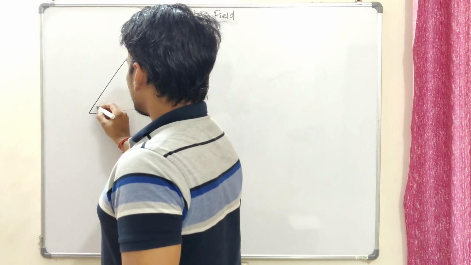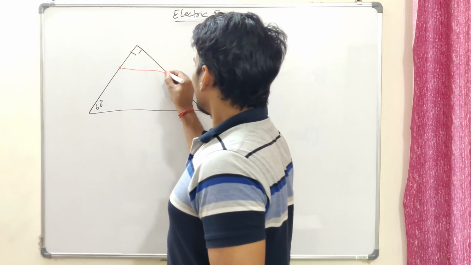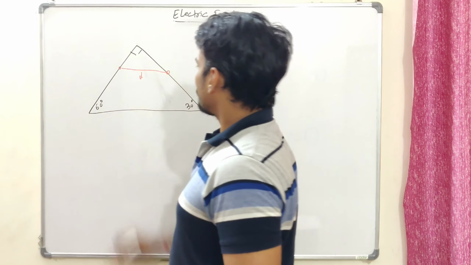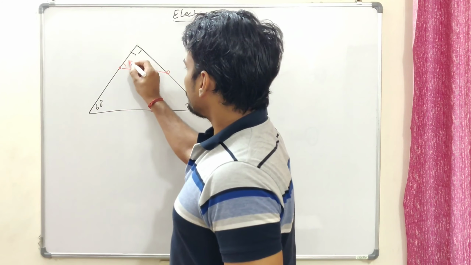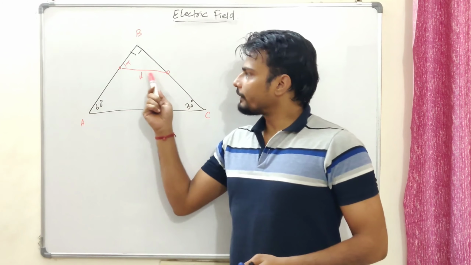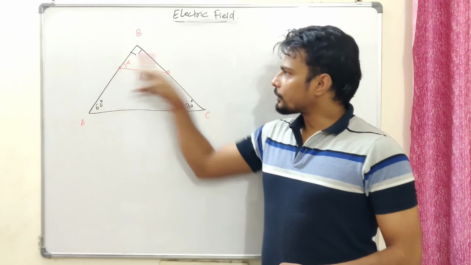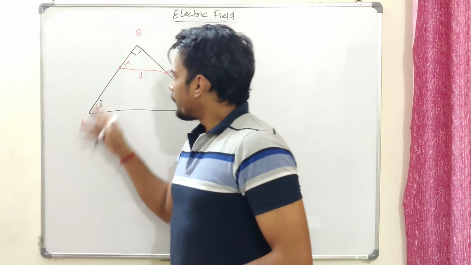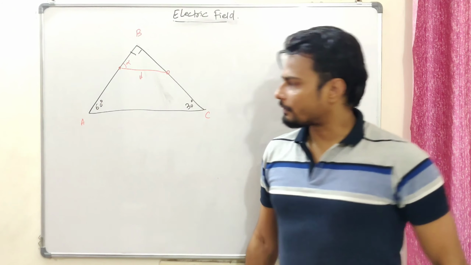In this arrangement, let's suppose there is a chord of length L, making some angle alpha with this line segment. Let's say this is ABC. This chord is free to slide on these two sides of the wire, and at the ends of the chord we have two beads which are free to slide, and the surface is frictionless.